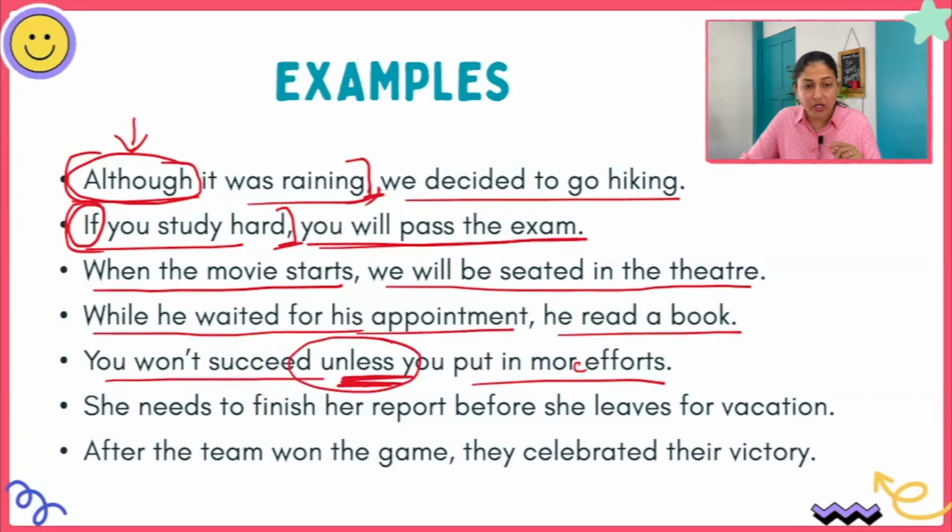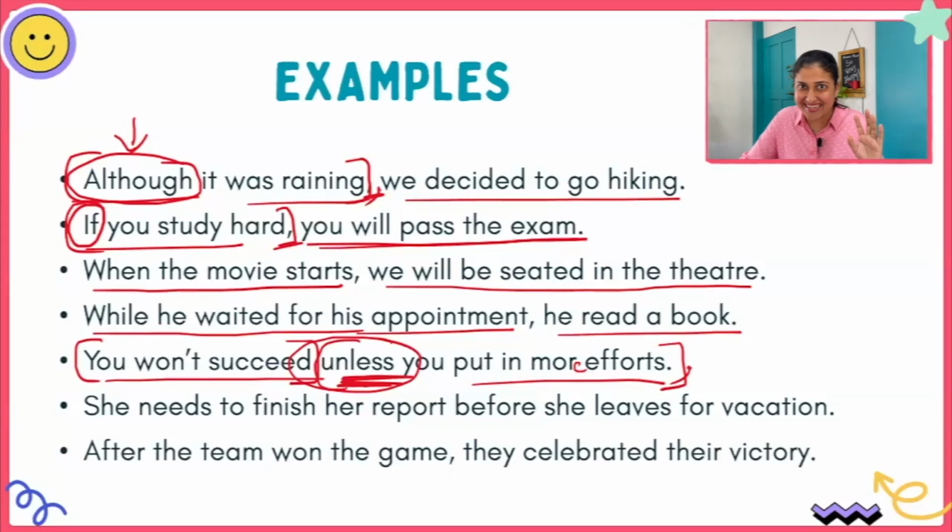No, because this first main clause, you won't succeed, comes first. The subordinating clause comes after the main clause, unless you put in more efforts. That's why there is no comma. If we write unless you put in more efforts first, then there would be a comma. Unless you put in more efforts, comma, you won't succeed. Full stop.